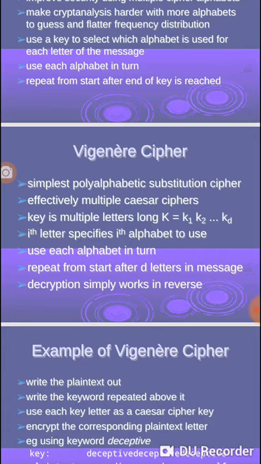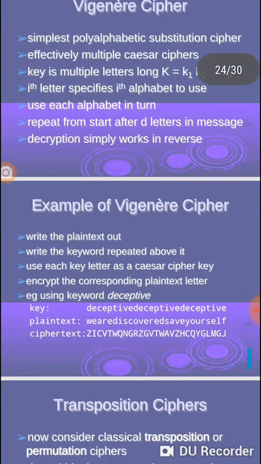The next is the Vigenère cipher. This is the simplest polyalphabetic substitution cipher. Effectively, multiple Caesar ciphers are used. The key is multiple letters long, K equals K1, K2 up to Kd. The ith letter specifies the ith alphabet to use.